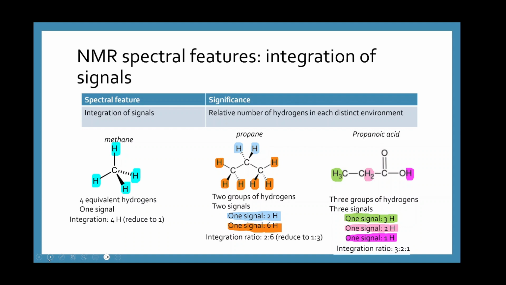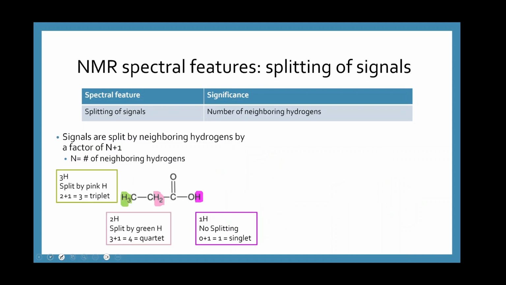Okay, so we've got number of peaks to tell us hydrogens in distinct chemical environments. We have location on the spectrum, which can give information about functional group, and integration of peaks gives information about the number of hydrogens represented by each peak. Now there's one more feature, which is the splitting of signals, and this provides information about neighboring hydrogens.